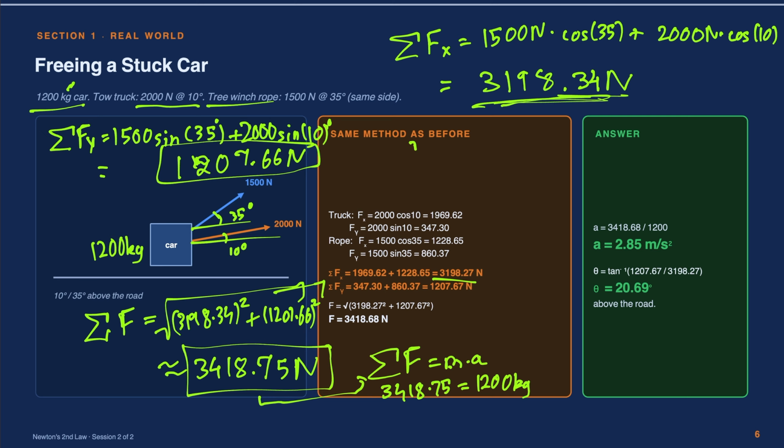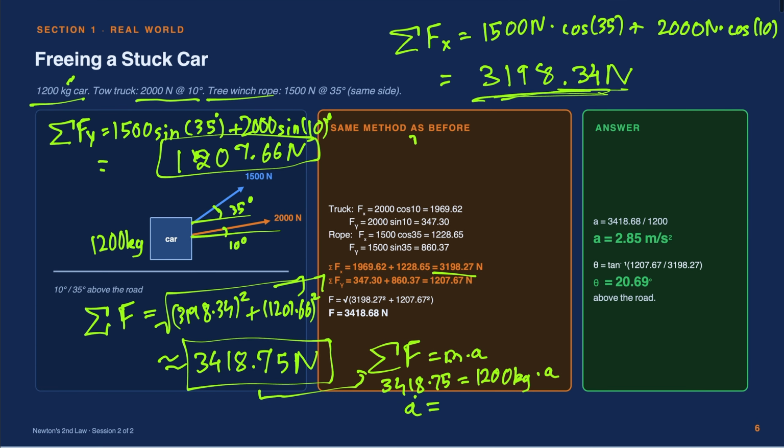So that times A. And then A is going to be equal to 3418.75 divided by 1200. And I'm not including my units here because I know my units are going to be meter per second squared, or approximately 2.85 meter per second squared.